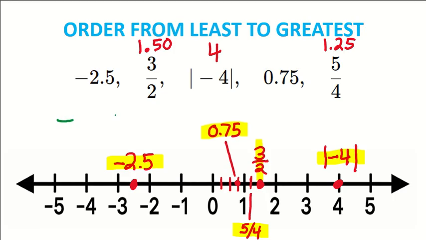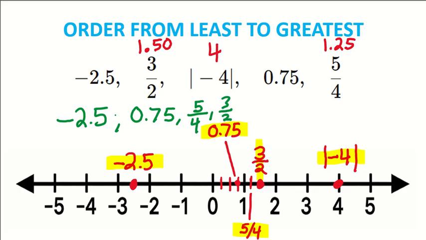So it would be negative 2.5, 0.75, 5/4, 3/2, absolute value of negative 4.